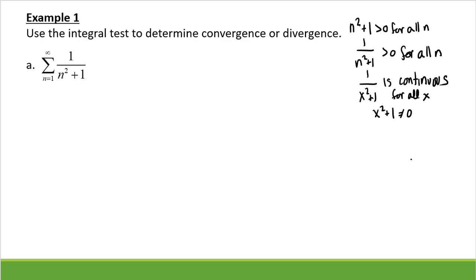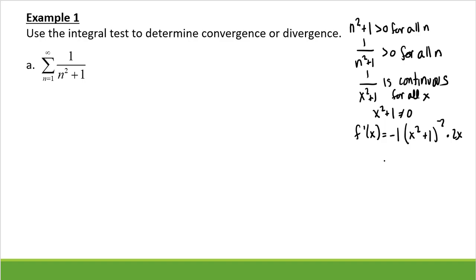Okay. And then the last thing is you need to prove that we are decreasing. Remember how we prove something's decreasing? Is we look at the derivative. So my derivative of this function is negative 1 times the quantity x squared plus 1 to the negative 2 times the derivative of the inside.